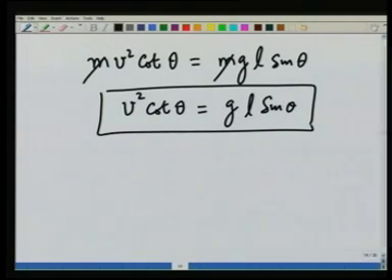This is what we get. The maximum I can get from this is theta as a function of v and g L.